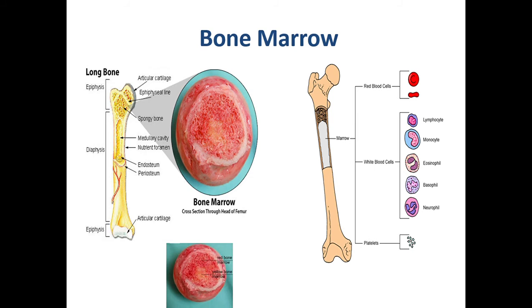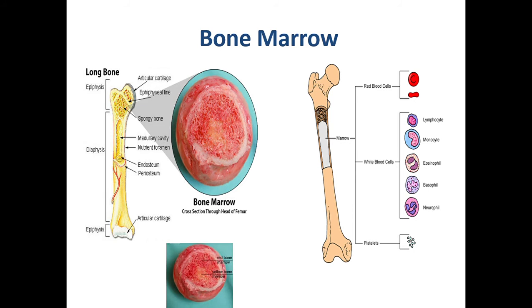In the epiphyseal portion of long bones is the red bone marrow, where the blood cells are formed or produced, while the diaphysis contains the yellow marrow. It is the hollow part of the long bone, which we call the medulla.